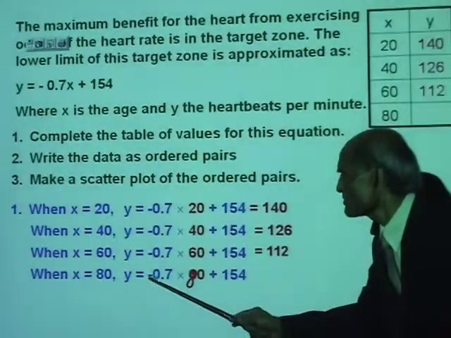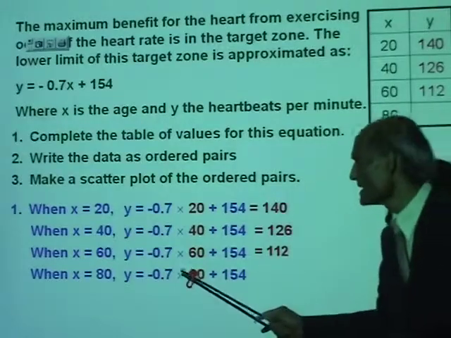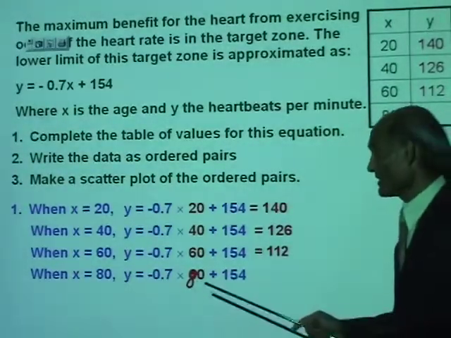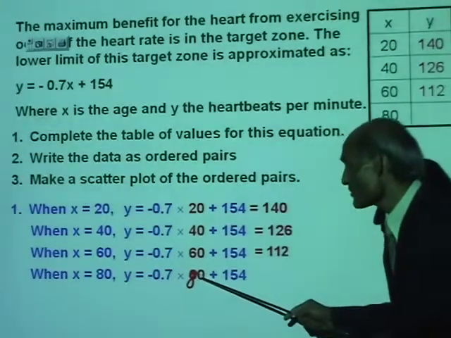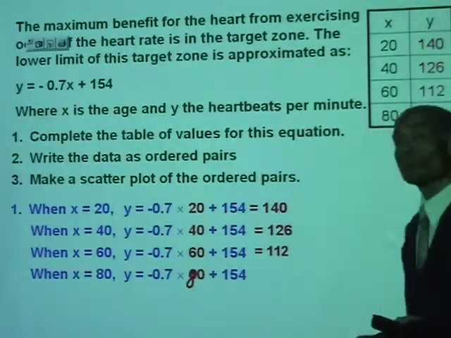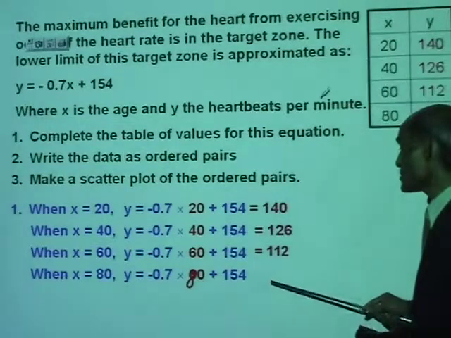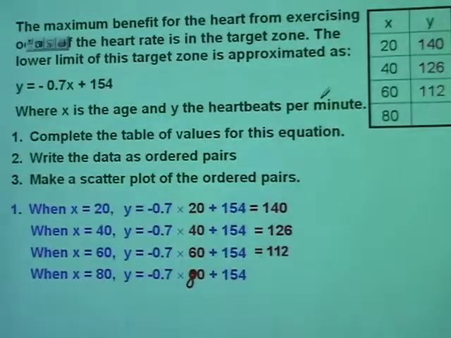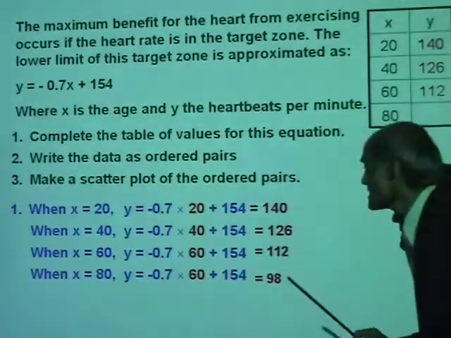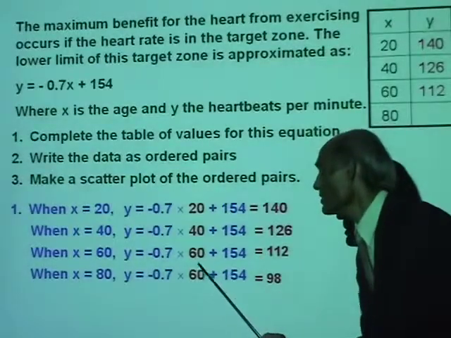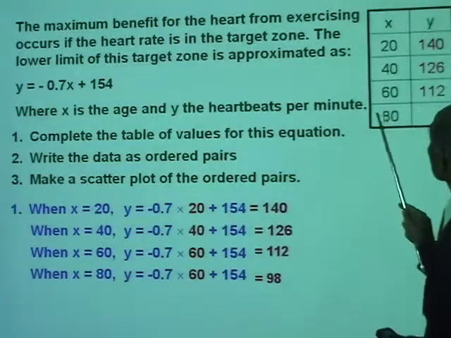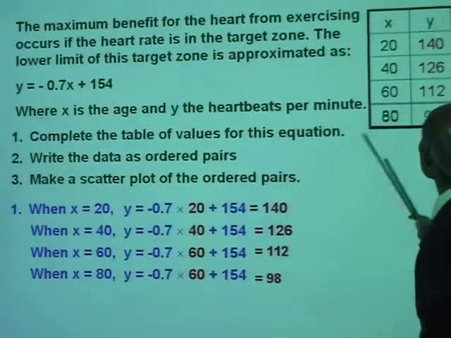What is that? 7 times 8 are 56. So that will be negative 56. Added to 154 will be 98. Is that right? Yes. Alright, so that will be 98. You should see that is to be corrected as 80. So when x equal to 80, y equal to 98.